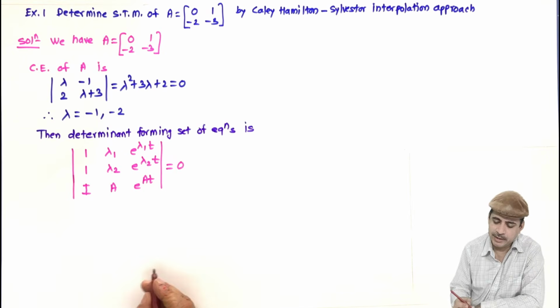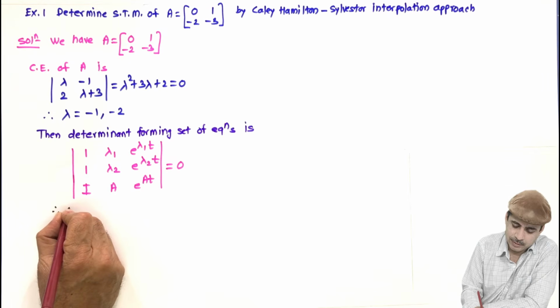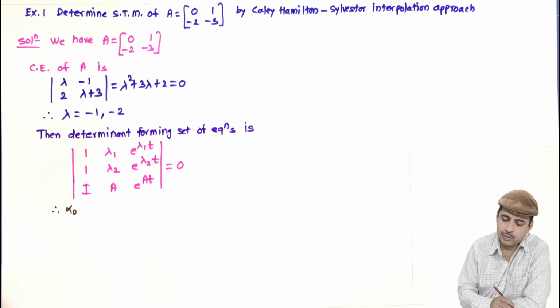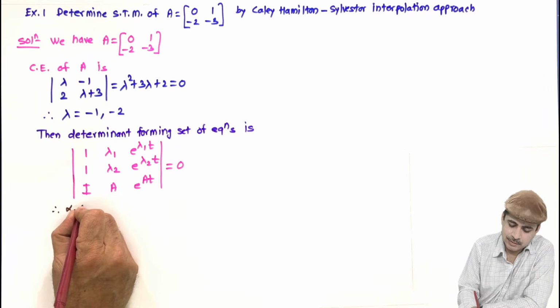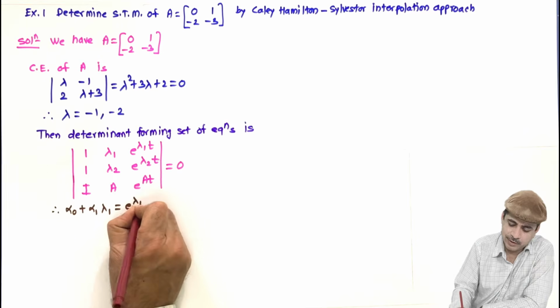And now this is forming the equations. So alpha 0 plus alpha 1 lambda 1 is equal to e raised to lambda 1 t.